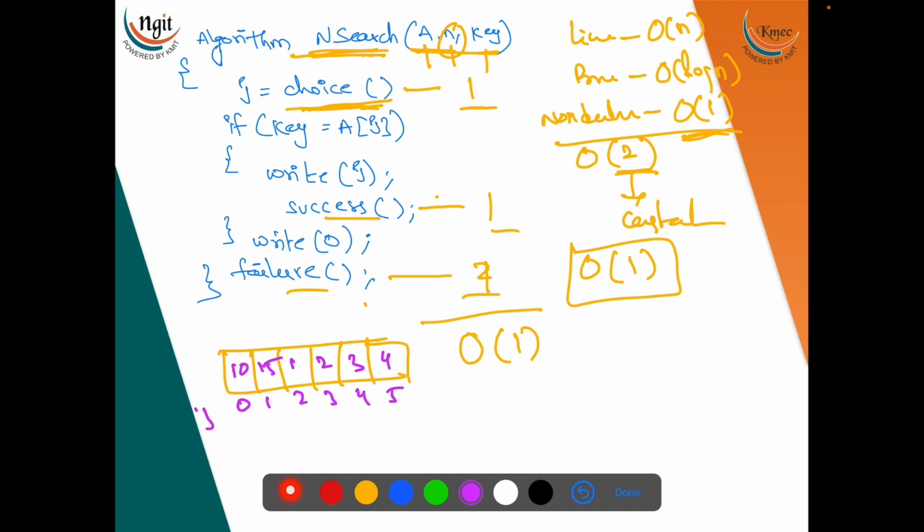Now j is pointing to the index. I have given choice of, say, 3. The 3 is the key, the element I wanted to search, and this element should be from the set of n elements.